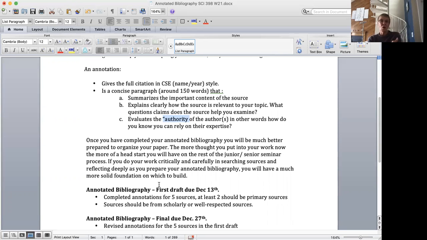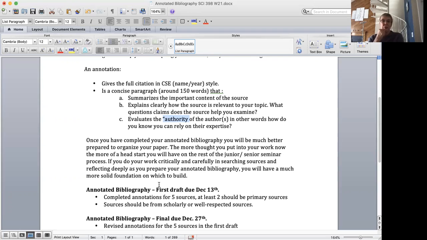What are the introductory topics? Do I have background articles that I can reference for my introductory topics, as well as the actual primary articles that I need, and what information can I get out of those? So it's very much a building process.